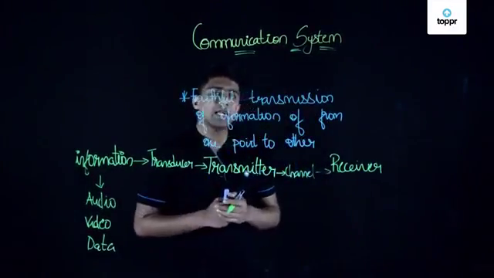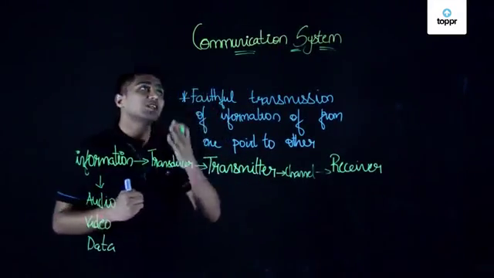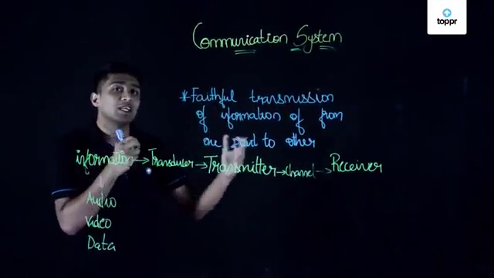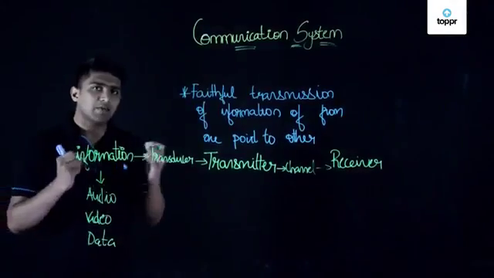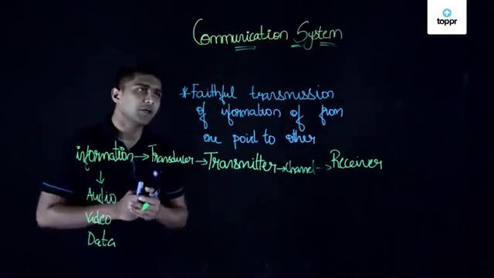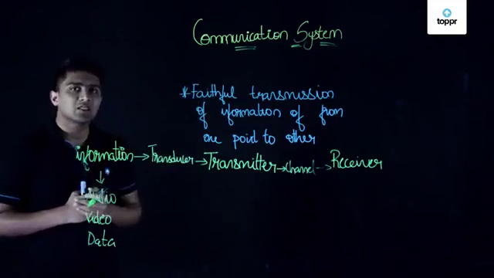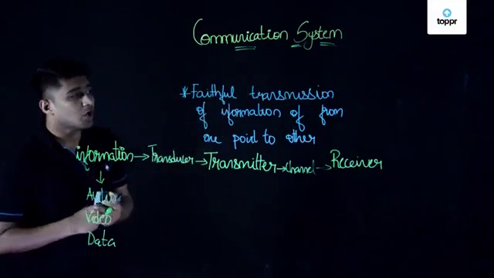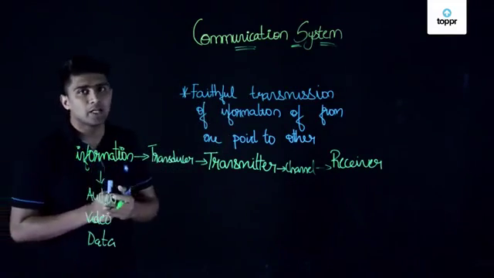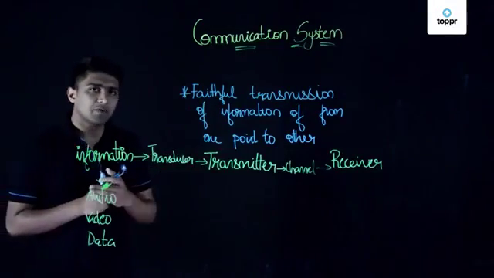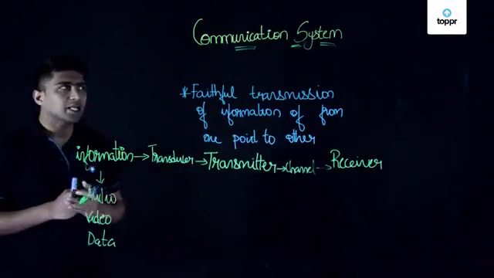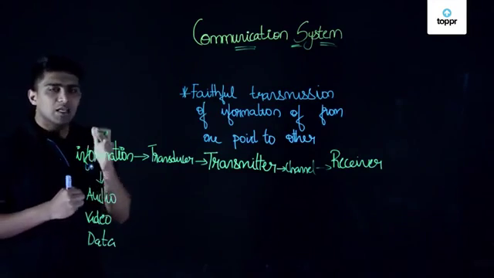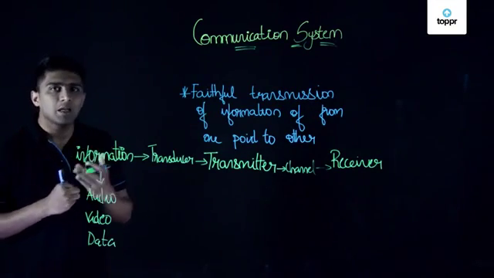So students, in this video we have learned what a communication system is and what its basic elements are. Let's have a quick recap of what we have learned. We have defined communication system as faithful transmission of information from one point to another. By understanding the definition, we have made a block diagram for communication system. This information basically will be the input signal.